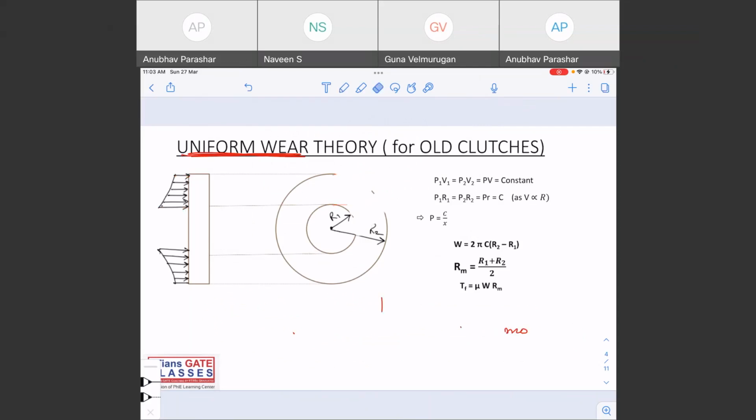But this is how it is: the pressure at the outer radius is less, the pressure at the inner radius is more, so that the multiplication of pressure and velocity remains constant. What it helps is a uniform wear.